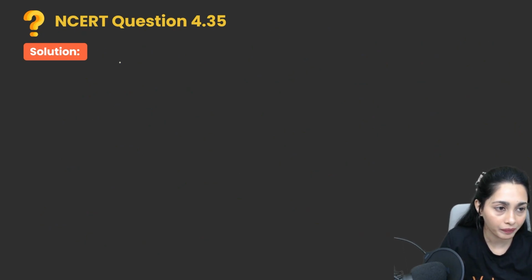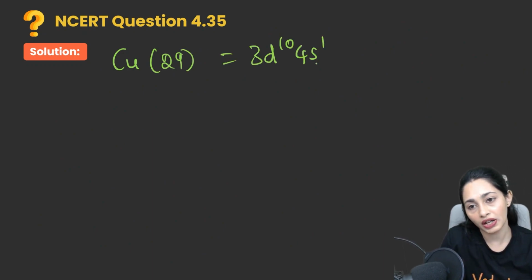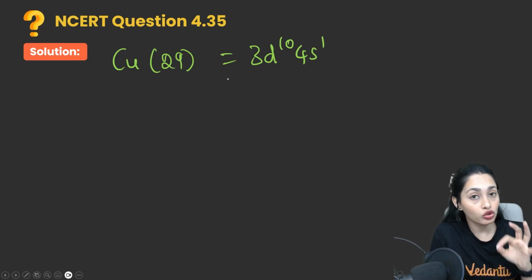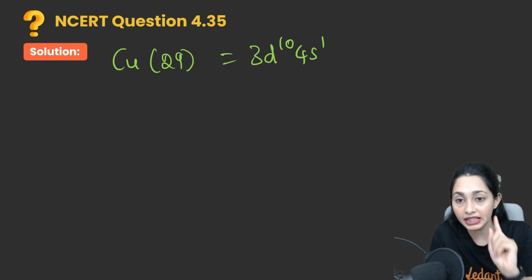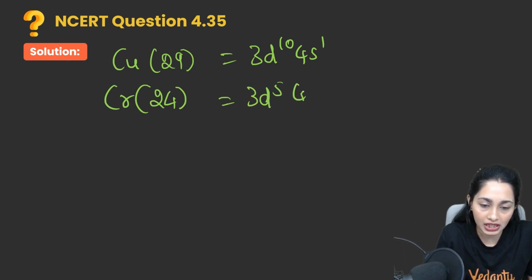Copper and chromium. Copper's atomic number is 29, so the configuration is the nearest noble gas followed by 3d10 4s1. Chromium, 24, is 3d5 4s1.